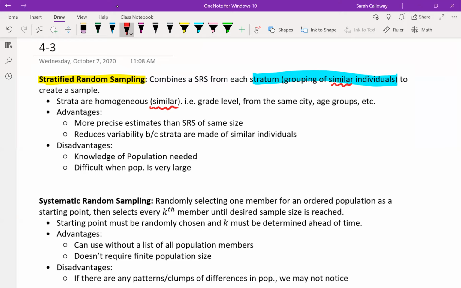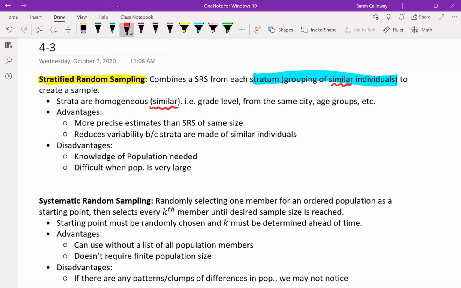Those create a stratum. The advantages to stratified random sampling are that it creates more precise estimates than a simple random sample of the same size, because you're ensuring that you're including people from different groups within your sample, as opposed to a simple random sample, where you're picking from all the groups at once. Because of this, it reduces variability.